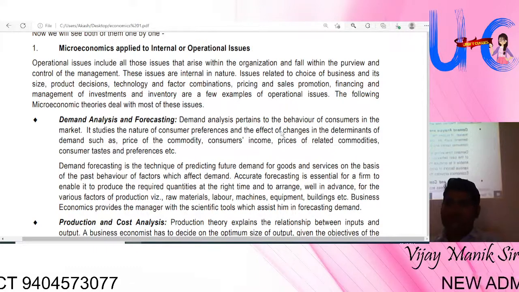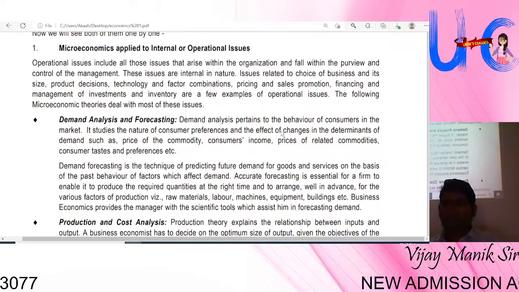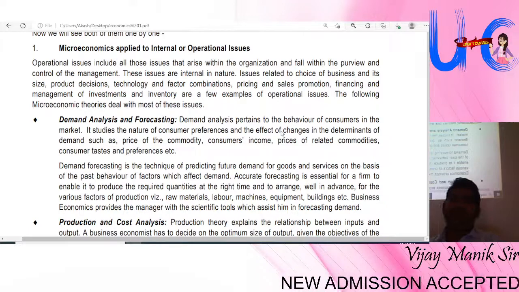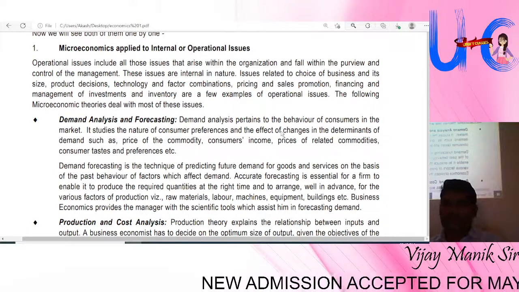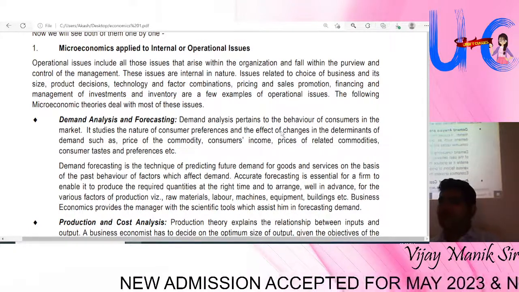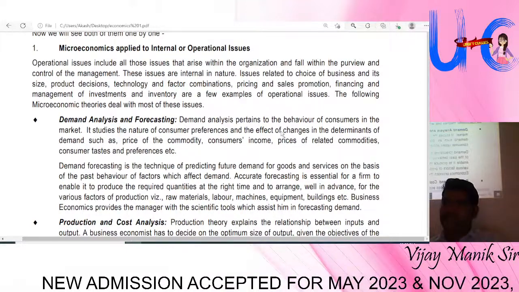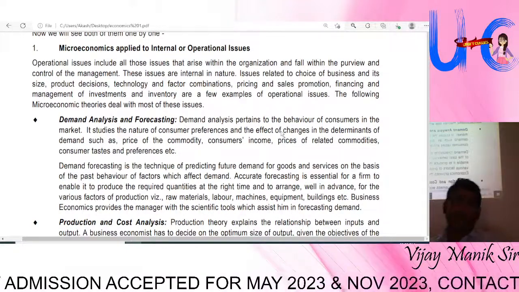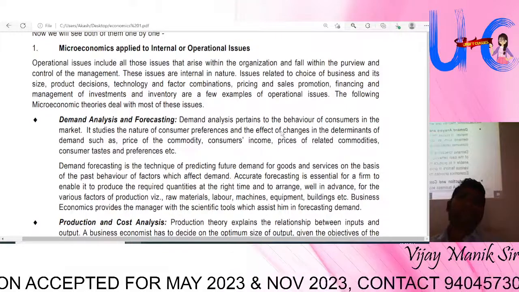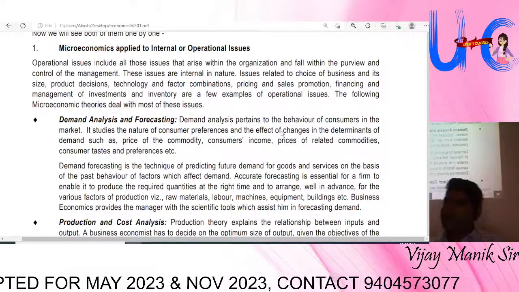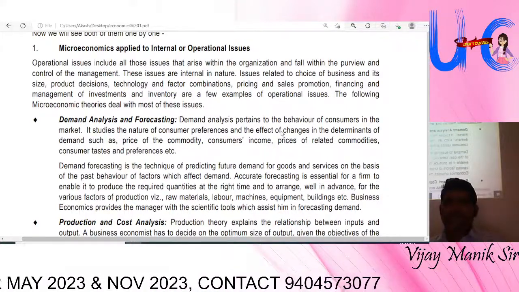In short, this is the internal issues. For example, deciding the price of that particular commodity, forecasting of that particular thing, all the things which are internal just for that particular firm or industry. So we can say external issues, internal issues.